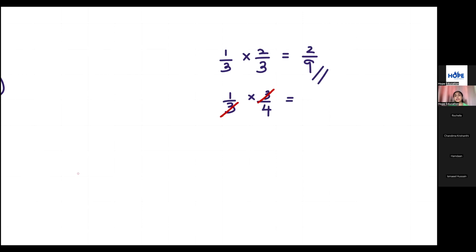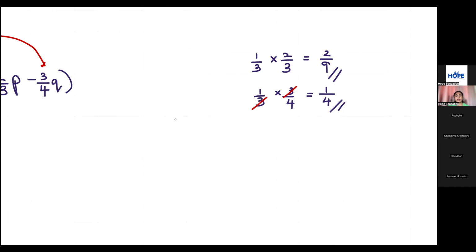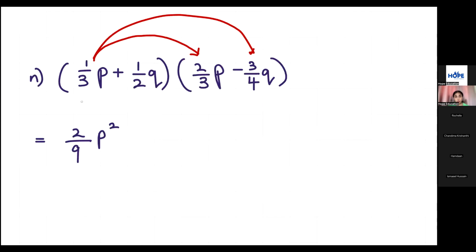Then what do we have remaining? 1 times 1, 1. 4, so 1/4. Now 1/3 multiplied by 3/4 would be 1/4. Here plus, here minus, so plus times minus, answer is minus. Then here the letter is p, here the letter is q. p times q, answer is pq.